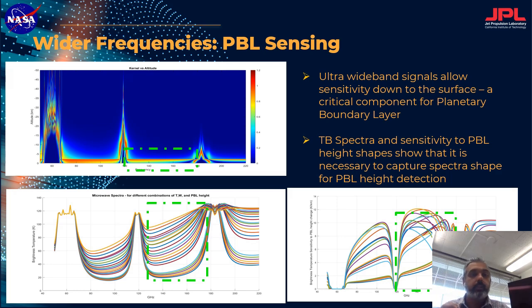You want the full spectra, which is shown by the bottom left plot. The shape of the spectra might be able to tell you where the PBL is. So there is a push, at least amongst NASA and JPL, to do these ultra wideband signals so that we can detect PBL globally, which is not an easily detected signal.